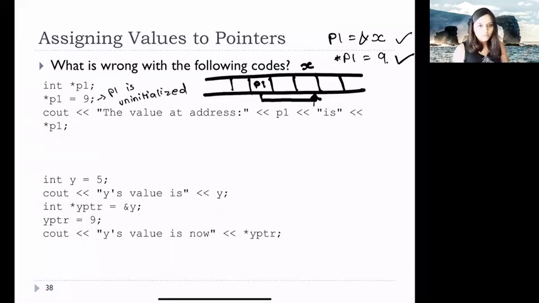Now, because p1 is uninitialized, when you're trying to print the address of the value that's stored in p1, what we are trying to do is dereference a pointer that has not been initialized.